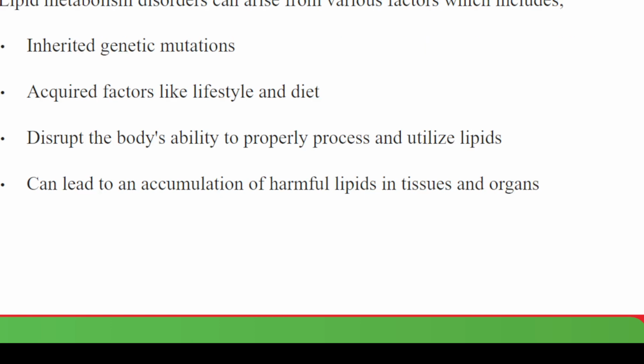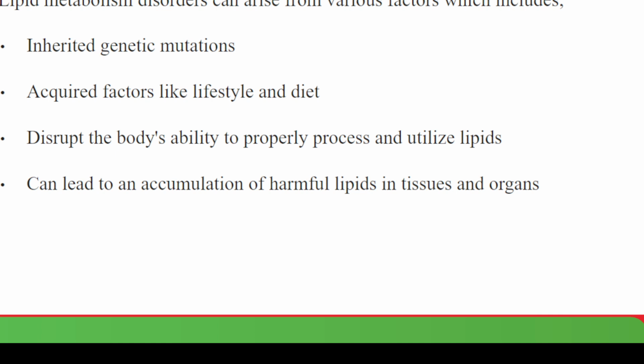Let's get to understand now some of these disorders. Let's get to understand disorders of lipid metabolism. Lipid metabolism disorders can arise from various factors, which include, one, inherited genetic mutations. Second is acquired factors like lifestyle and diets.